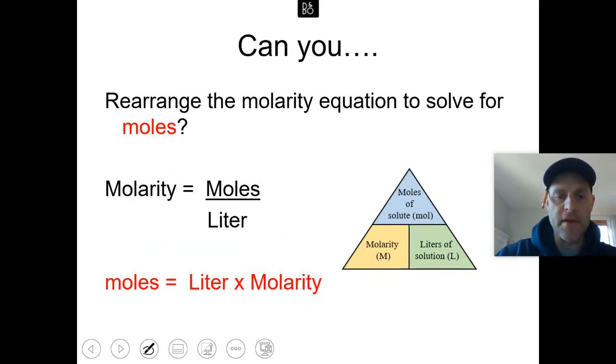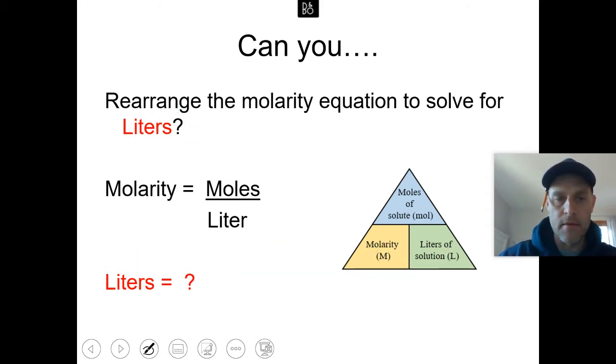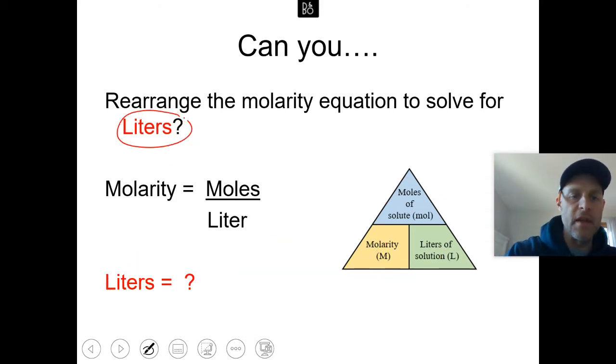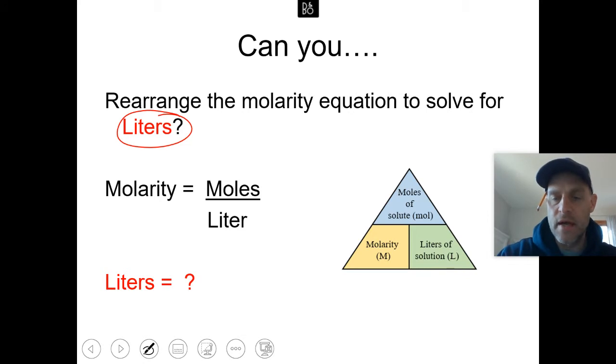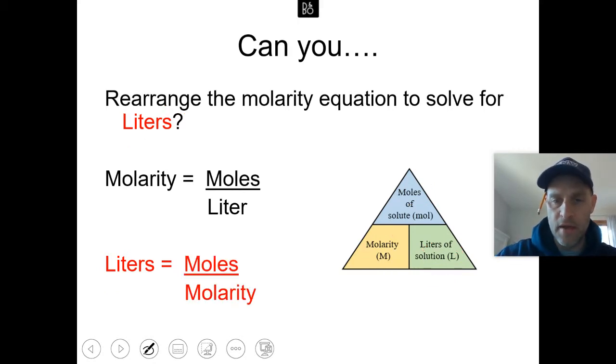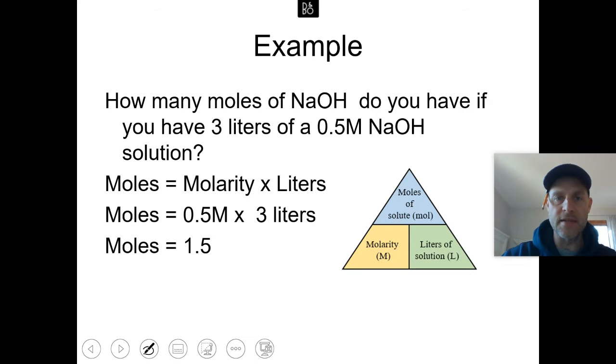What happens if I want to solve for moles? Moles is liters times molarity. What if I want to solve for liters? Liters is moles over molarity. Okay, so hopefully that makes sense.